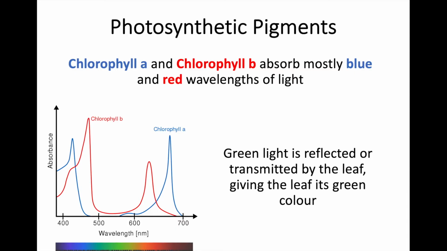So mostly blue and red wavelengths are taken in by the chlorophylls, by chlorophyll A and B. And if you're looking at the colours at the bottom, you can see that green light, there's not a lot going on there at all. It's not being taken in by the chlorophylls, and that green light is being reflected or transmitted by the leaf, giving that green colour that we discussed.